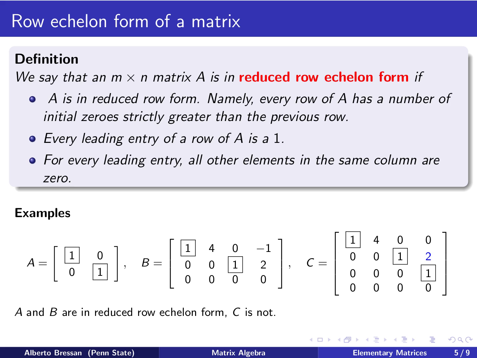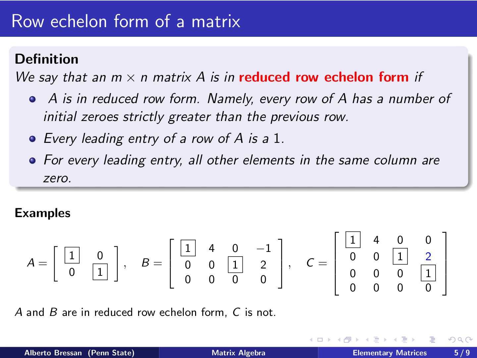Okay, now look at the matrix C. Let's go through. Is it in reduced row form? Well, this one has 2 zeros, this 3, and this 4. Yes, it is. Are all the leading entries 1? Yes, they are 1, 1, 1. And now let's look at the last condition. Look at the columns the leading entry is in.